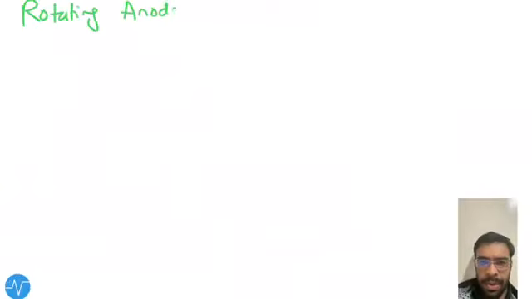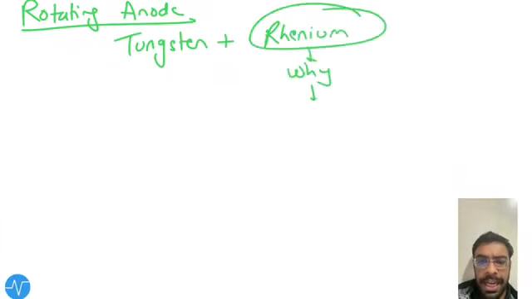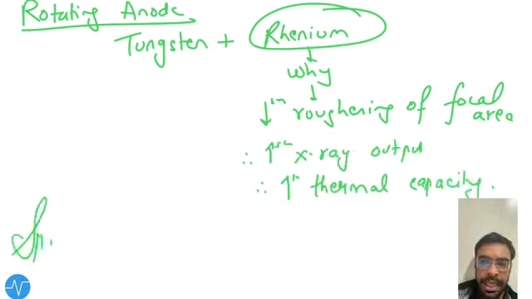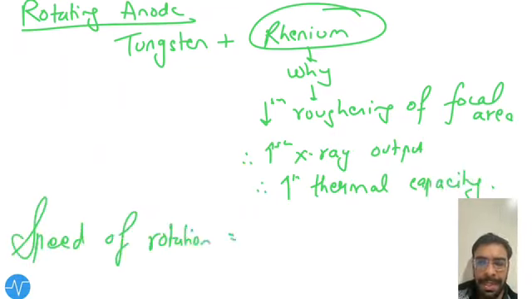Rotating anode. Rotating anode is made up of tungsten plus rhenium. Now why rhenium? Because it decreases the roughening of the focal area, therefore it increases the X-ray output and thermal capacity. The speed of rotation is 3000 to 3600 rpm.